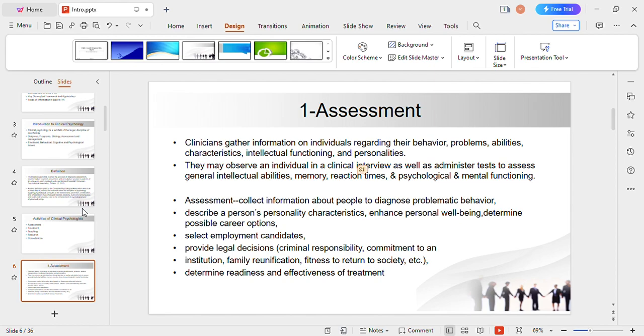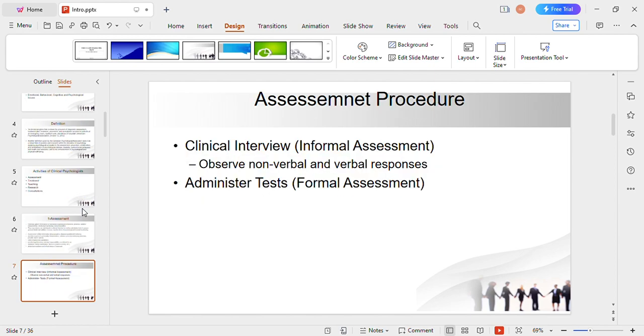Apart from this, we can also see the assessment procedure in two basic categories: formal assessment and informal assessment. So clinical interview basically is considered an informal assessment in which we observe verbal and non-verbal responses of the client, because sometimes the client himself doesn't know what is wrong, what is going wrong with him, and how he can come out of the symptoms.